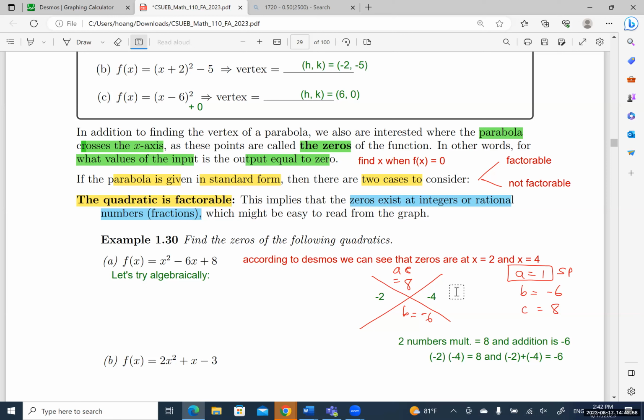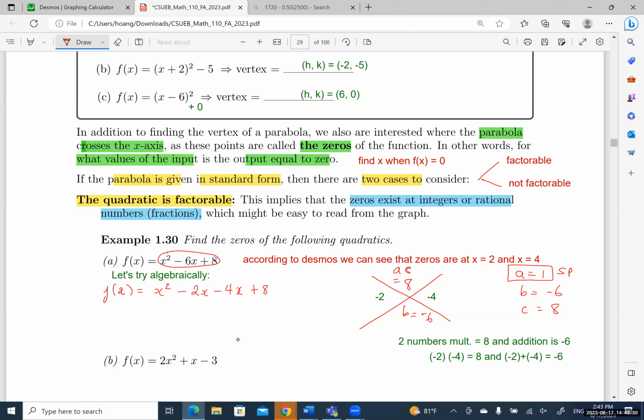Okay, so according to these two numbers, we can change this form over here as f of x equal to x squared minus 2x minus 4x plus 8.